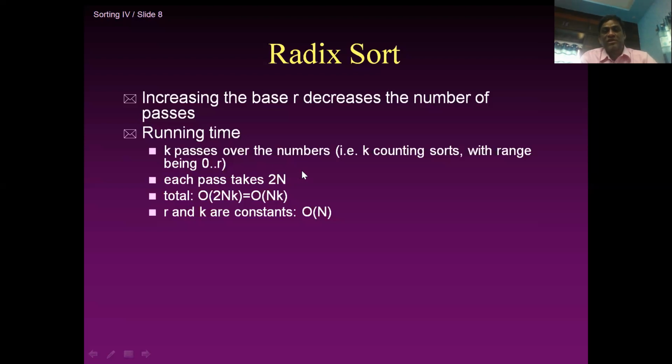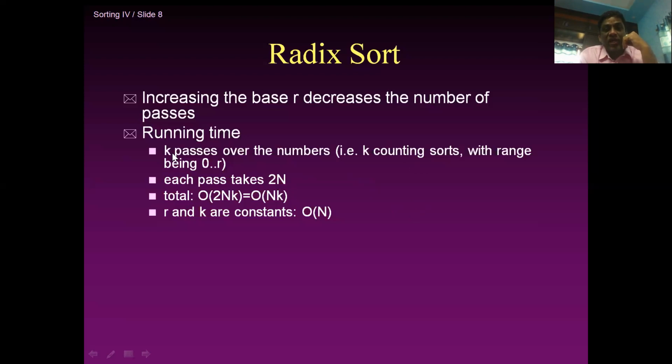So two operations: n elements are kept inside the array and n elements are taken out of the array. So how many operations are performed there? n plus n operations. One n operations for insertion, n operations for taking out. So 2n operations are required. So each pass requires 2n operations.